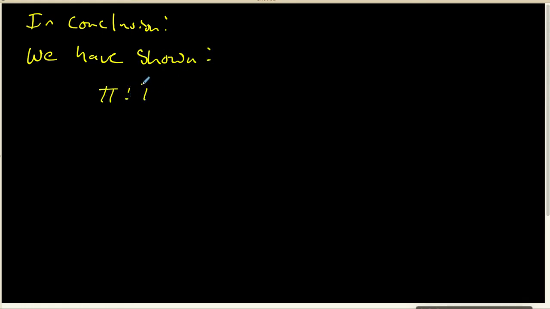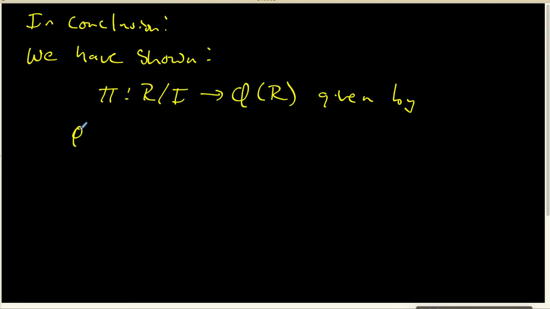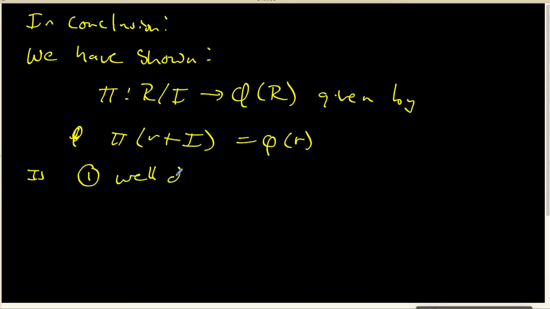First of all, pi defined as a map from R mod I to phi of R given by pi of r plus I is equal to phi of r is, first of all, well defined. That was our first video. Second of all, pi is a ring homomorphism.